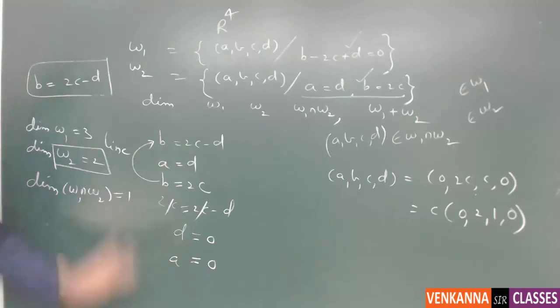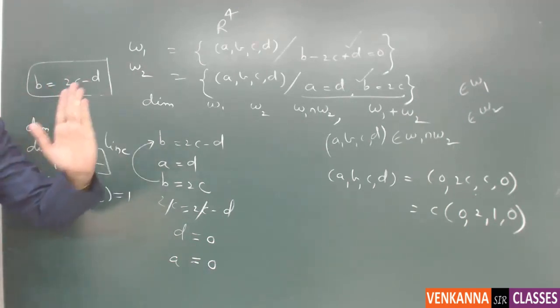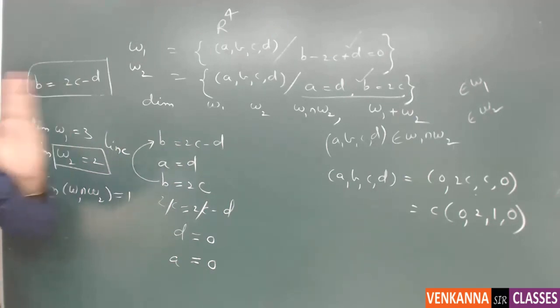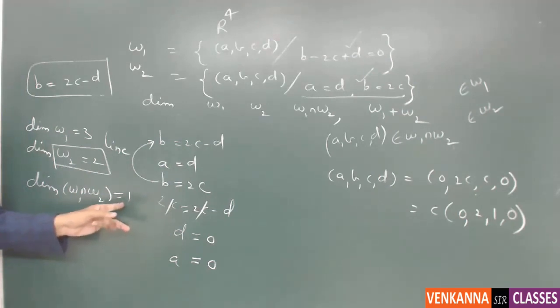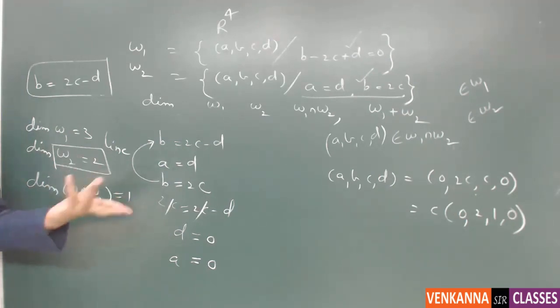So in this way you can say that W1 is a plane, W2 is a line passing through it, you can say it is piercing through it, and the intersection is nothing but a point. Accepted? And W1 plus W2 is nothing but the space containing W1 as well as W2. The line and plane in a space you have considered, that is nothing but W1 plus W2. Clear? Any other questions, please? Any doubts to anyone?